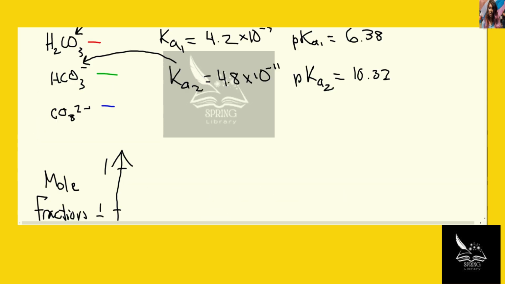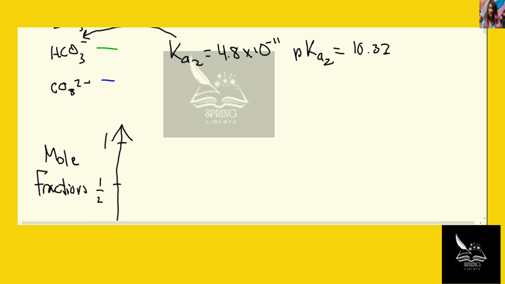The first pKa is when there will be equal amounts of the carbonic acid and bicarbonate. If you want to confirm that, you can just check the Henderson-Hasselbalch equation.